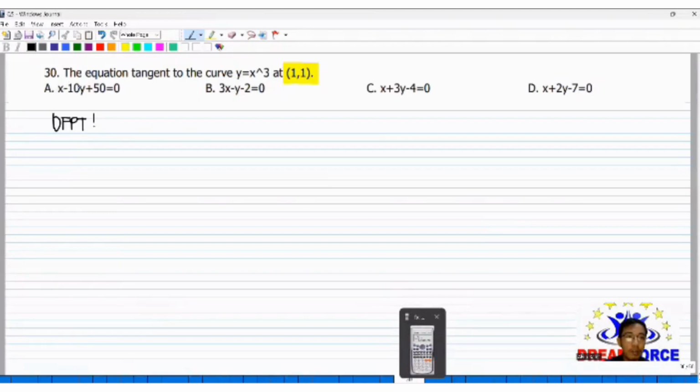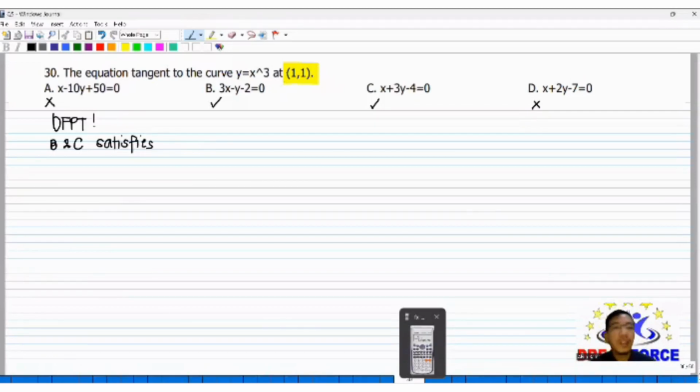So 1 minus 10 plus 50 not equal to 0. 3x minus y minus 2, so 3 minus 1 is 2 minus 2 is 0. Letter C. So 1 plus 3 minus 4 is 0. Then ito 1 plus 2, 3 minus 7 is not equal to 0. So again, dalawa yung nag-satisfy. So no choice tayo but to use an alternative method.